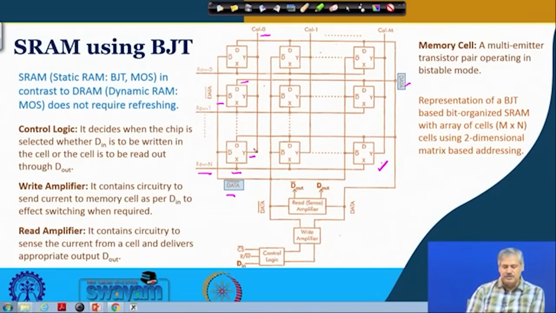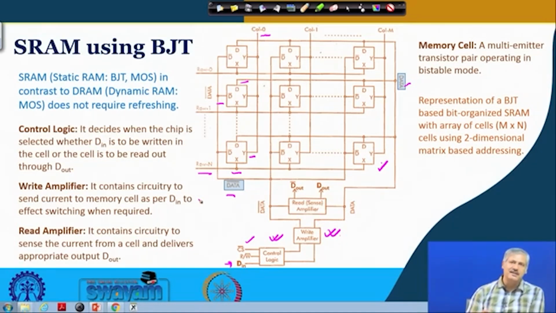Other than that, this is what we had seen before: there is a control logic block, similar to what we had seen before. In addition, we have a data in input. This is chip select, and this is the read or write operation that we are doing. Other than that, this is a write amplifier block. When you are writing, this is some additional circuitry which makes it happen.